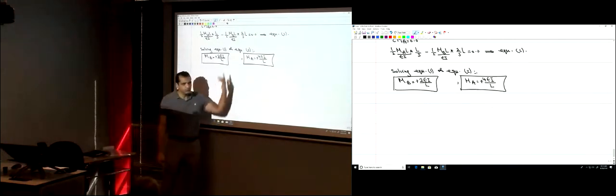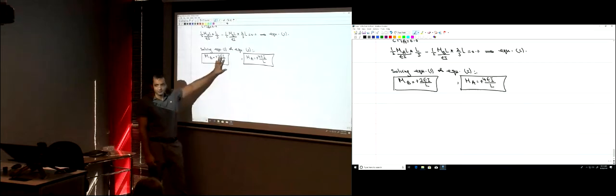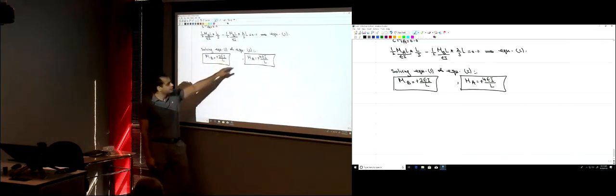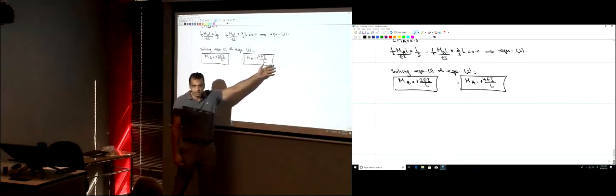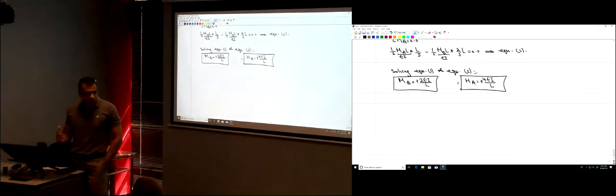How much MA would be? 40. What if theta A was 20? 2 times 20, right? This would be 4 times 20, right? So if theta A was any value other than 1, you just multiply those values by that magnitude of theta A.